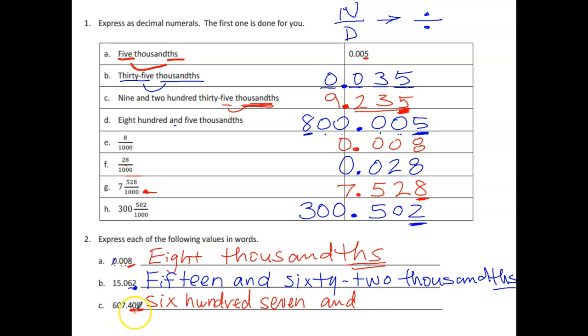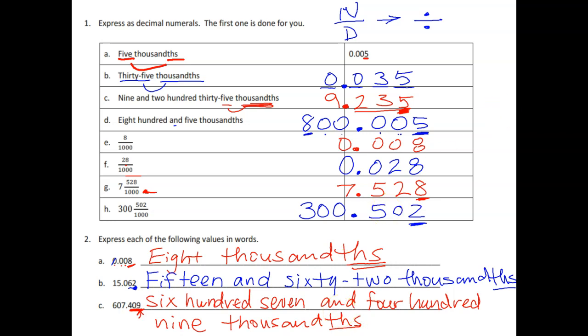So 409. So we will write that out. 409. I'll write the 9. And then what place value is that 9 in? Hopefully you said thousandths.